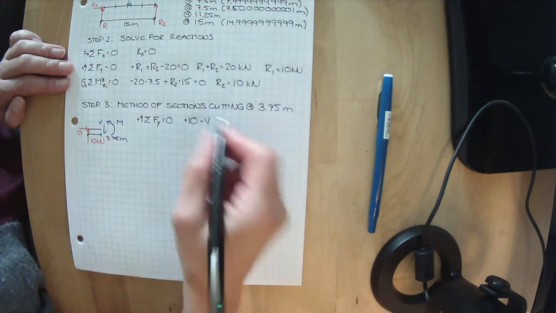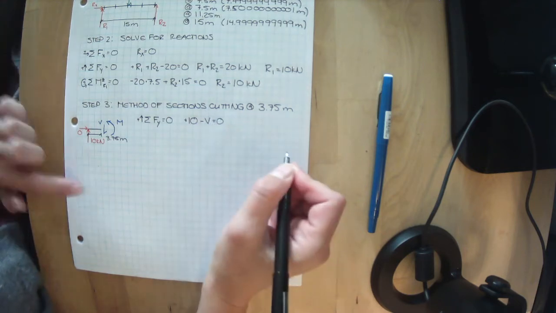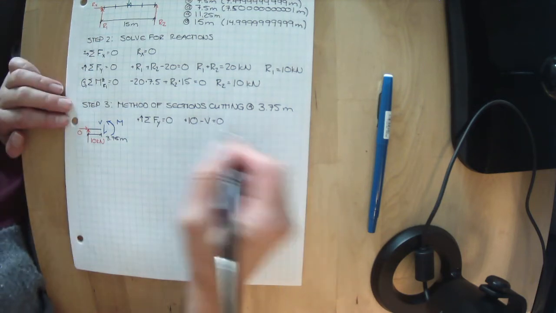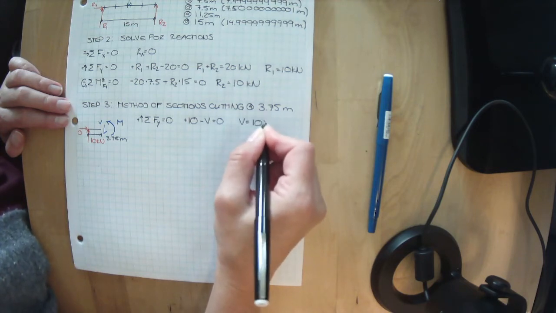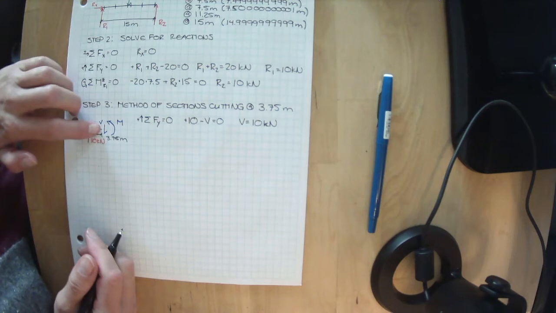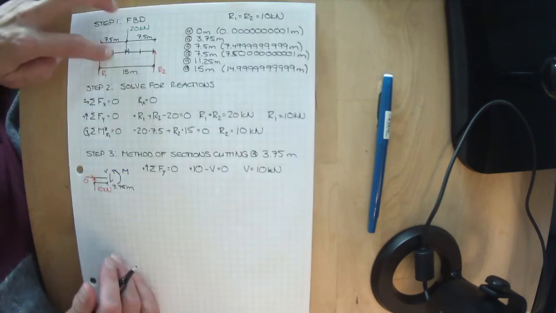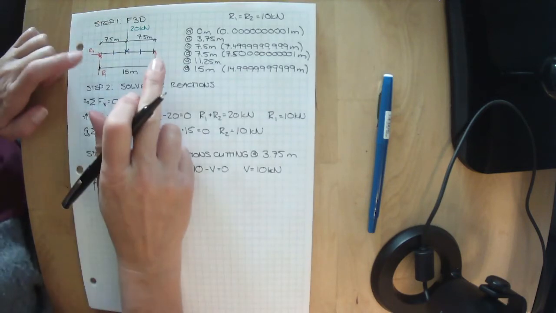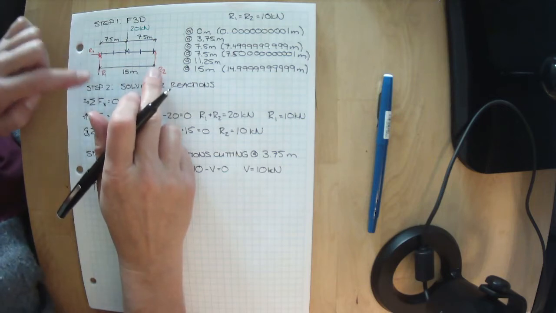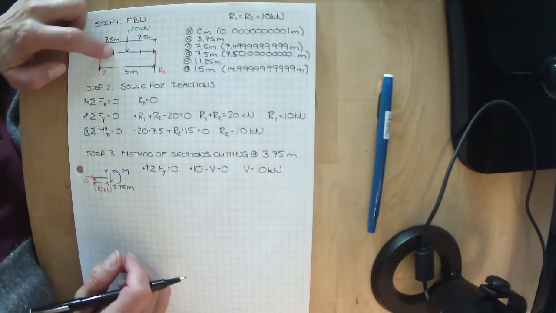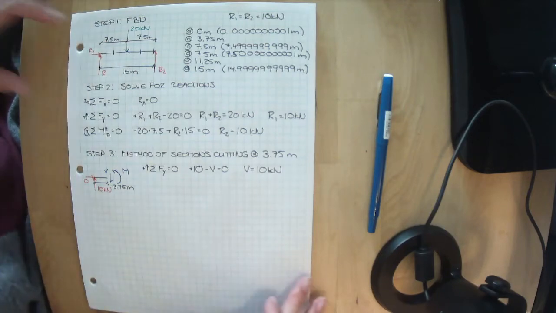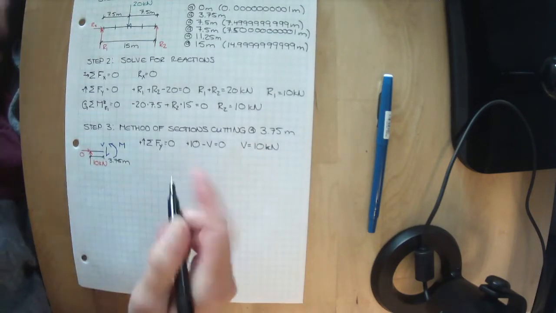We don't know what the value of that shear is, but those are the only things acting in the y direction. V equals 10 kilonewtons. So at this point right here in this beam, if they have a 20 kilonewton point load applied at the midpoint of a 15 meter long beam, there's going to be 10 kilonewtons of shear right here. Okay, seems like we have some information now.